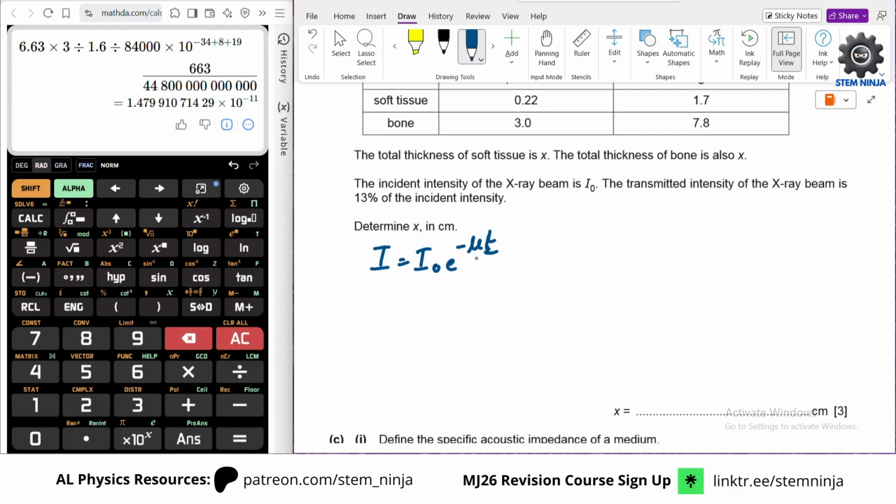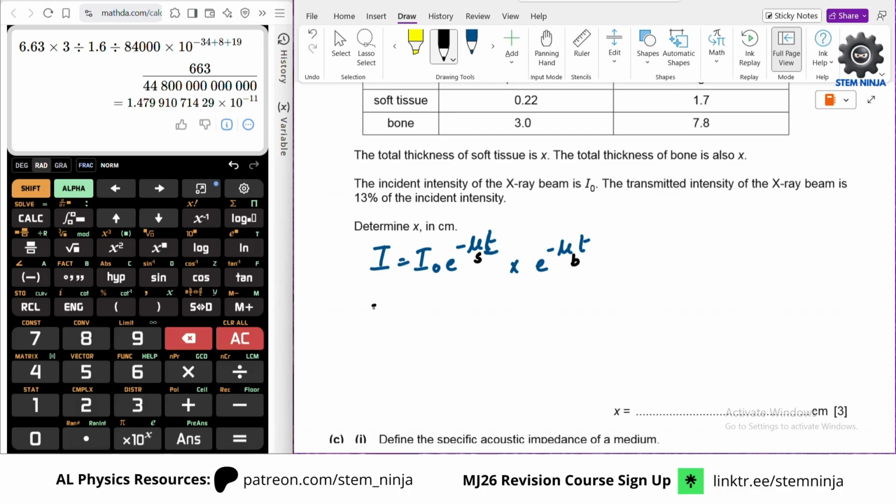So let's say for soft tissue times by e minus mu thickness t. One is for the soft tissue, one is for bone.